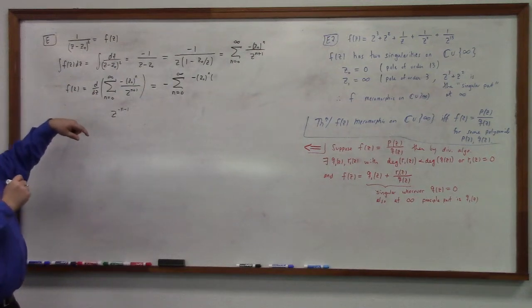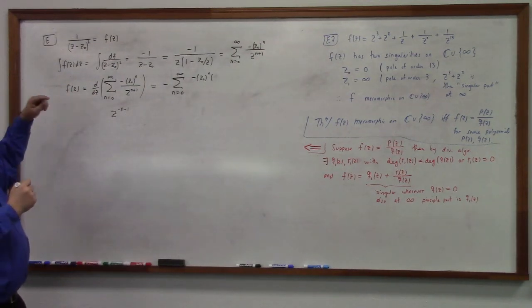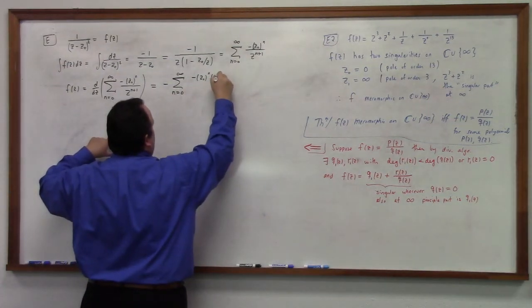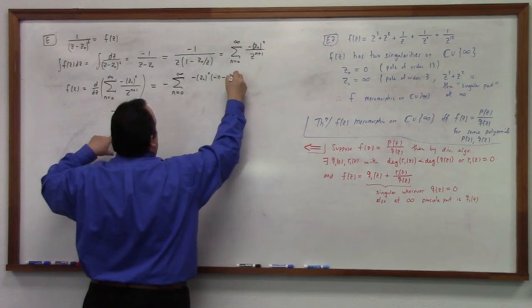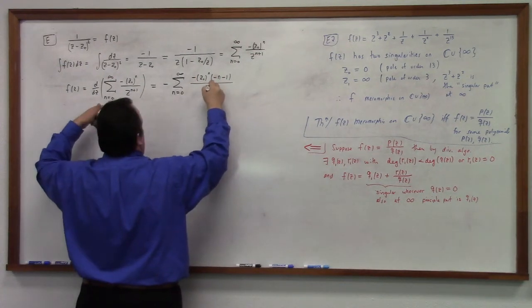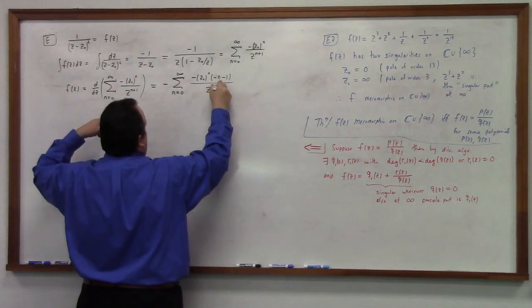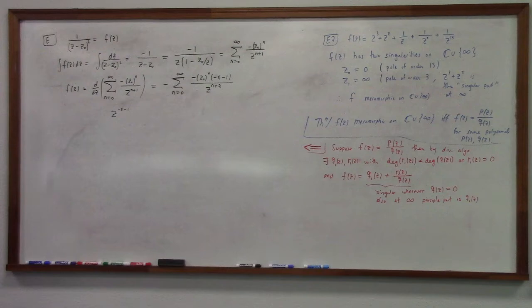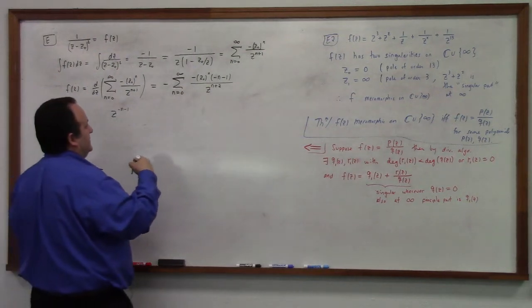That's the power, because we've written the reciprocal. So that's actually minus n minus 1. N plus 2, yeah, because we have to decrease the power by 1 by differentiating. Yeah, but the minuses cancel, which is nice.